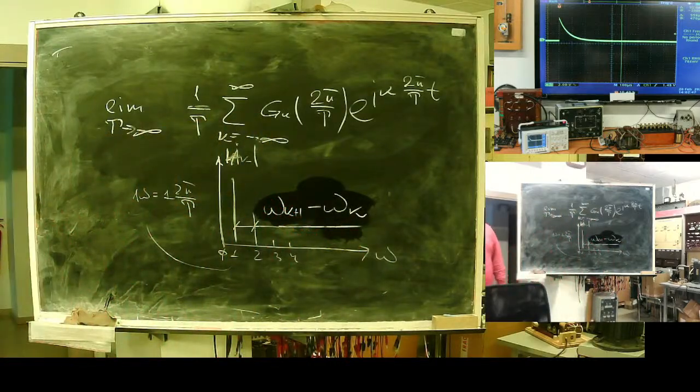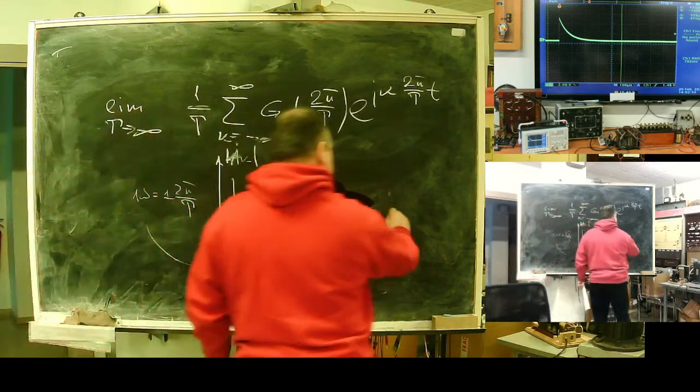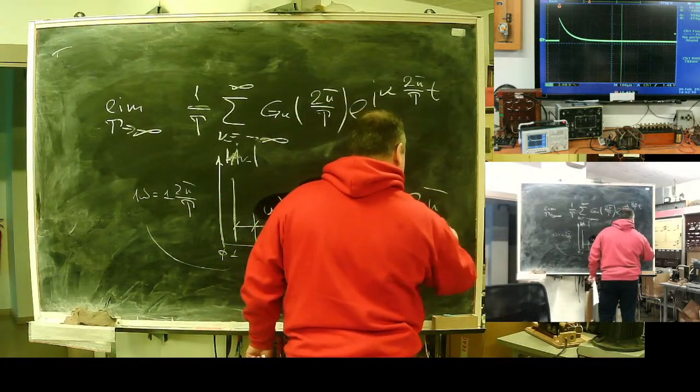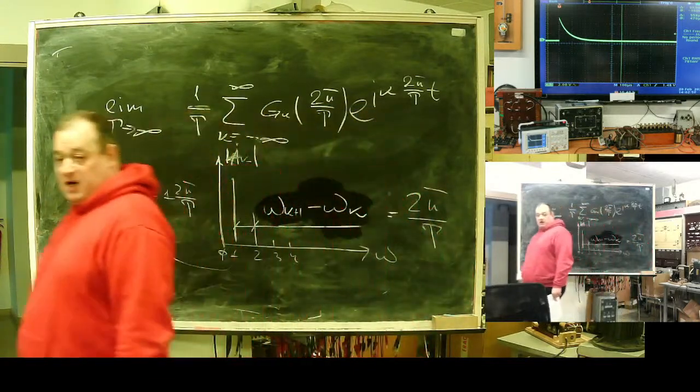What's the step of the spectral lines? One frequency, double P divided by period.